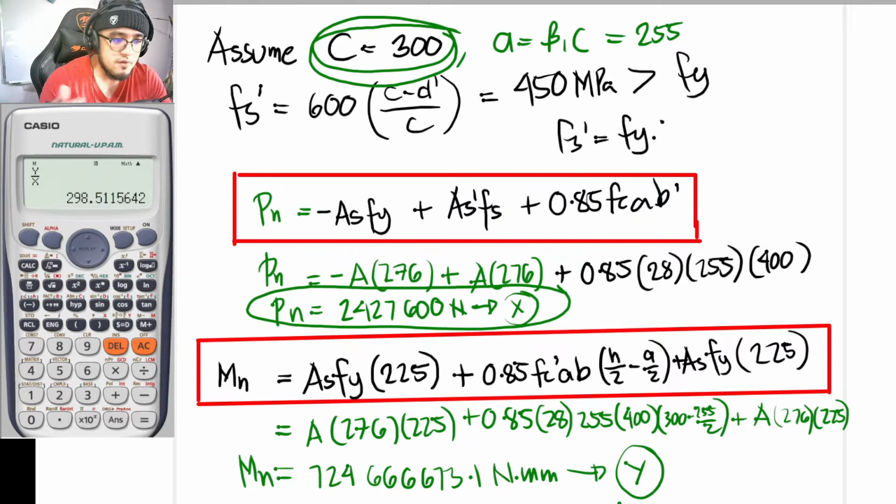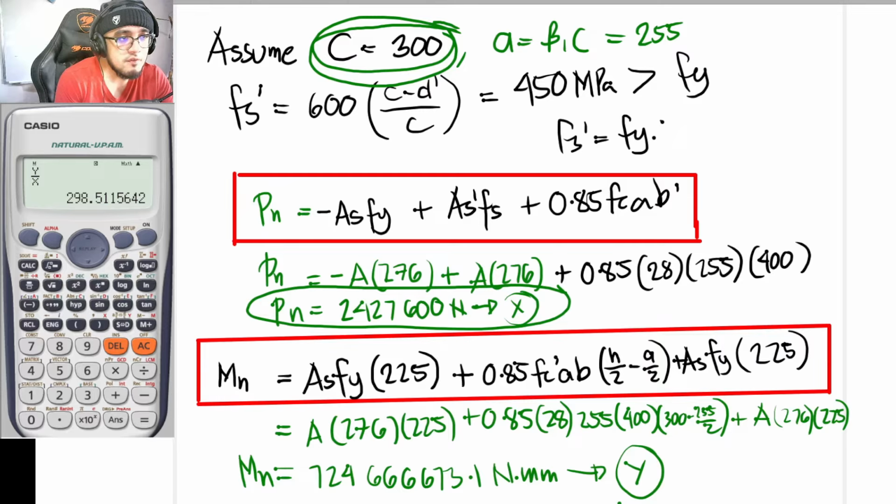Okay, if you are wondering right now, is there a way that would lead us faster to our desired eccentricity other than assuming a random number? Actually, yes. This is what you are going to do right now.